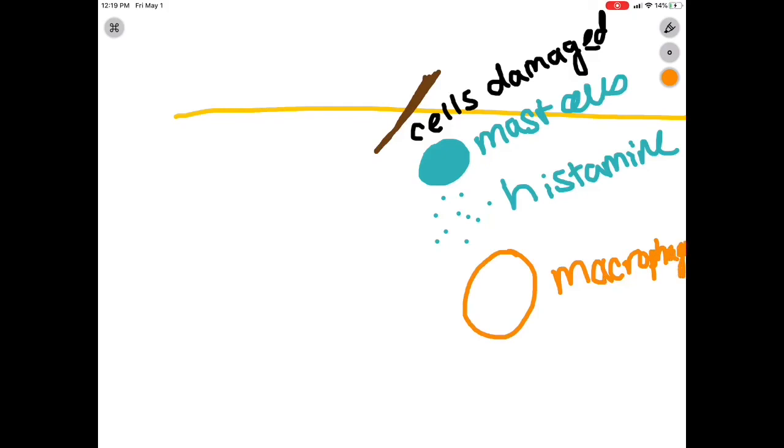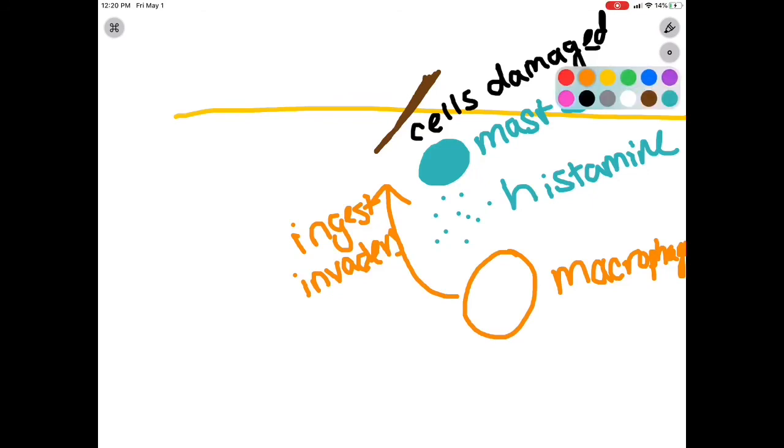Then the macrophage is going to want to get rid of the invader. If you remember, they're going to ingest. All of the bacteria that is now getting into the body from this splinter is going to be ingested by the macrophage, and the digestive enzymes inside the macrophage are going to break it down into proteins.